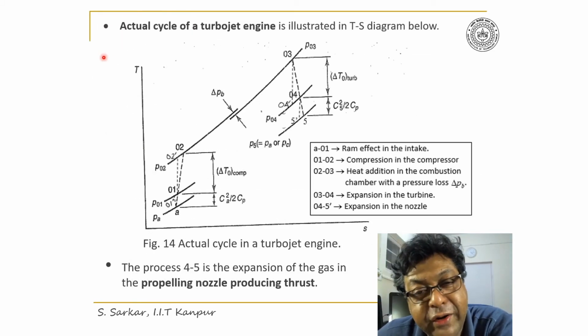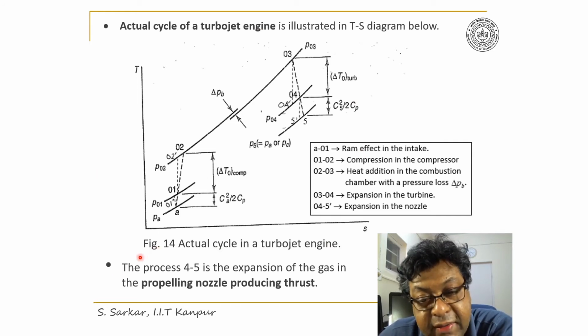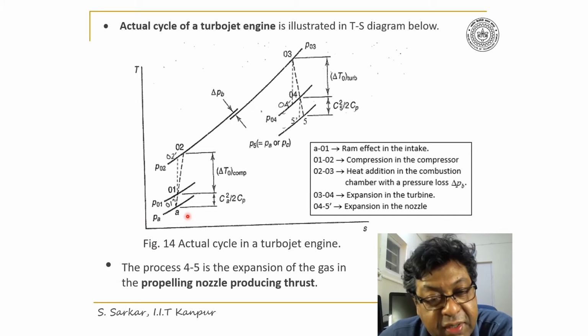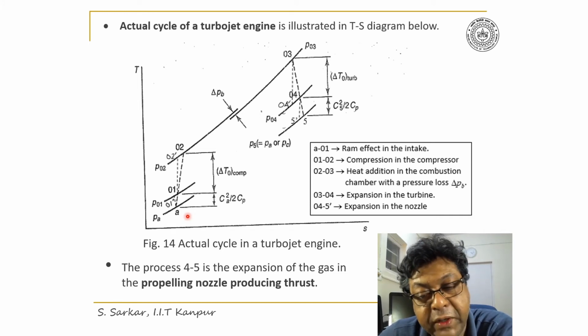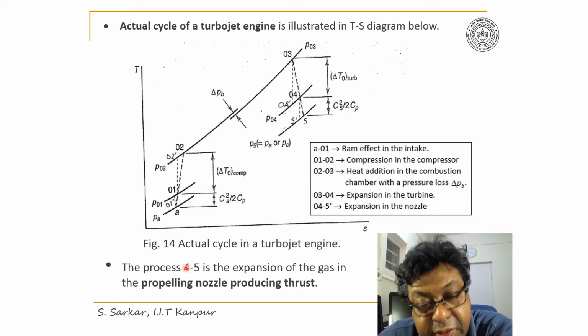The actual operation of a turbojet engine has been illustrated in the T-S diagram here by figure 14, where the state point A represents the atmospheric condition, where PA is the atmospheric pressure and the temperature is TA. Now A to 01 represents the ram effect in the intake, where the pressure has increased from PA to P01.